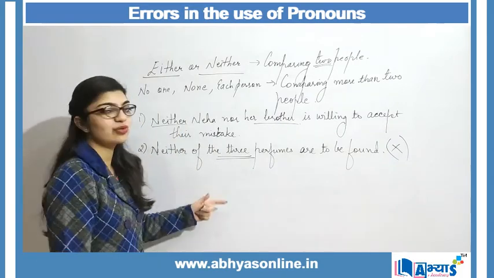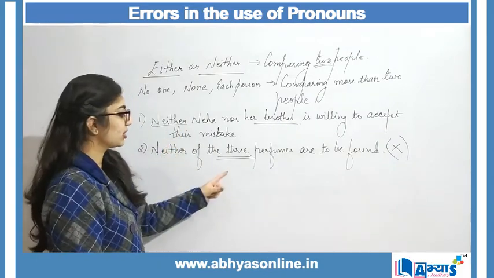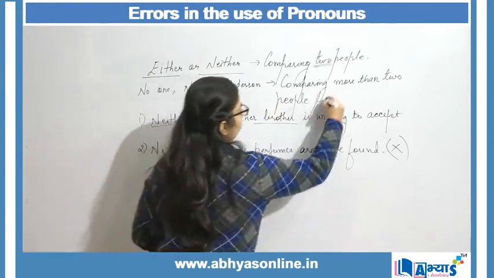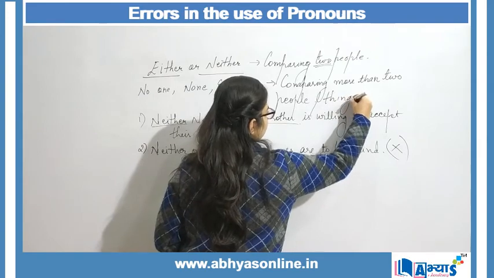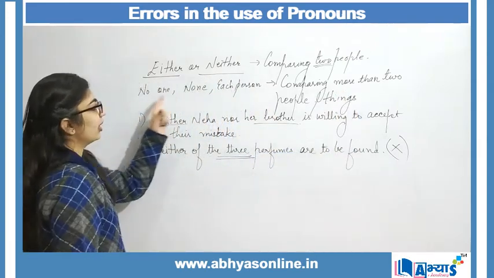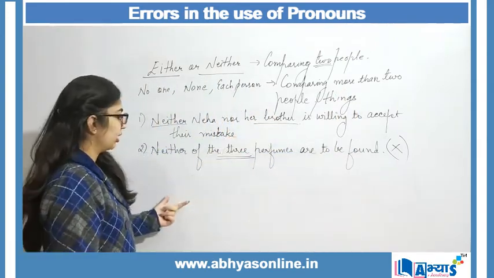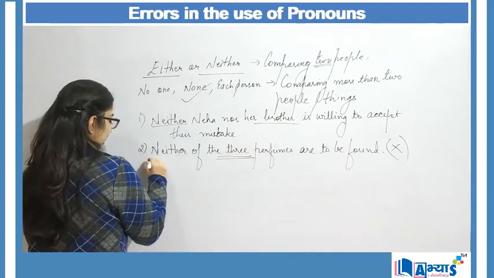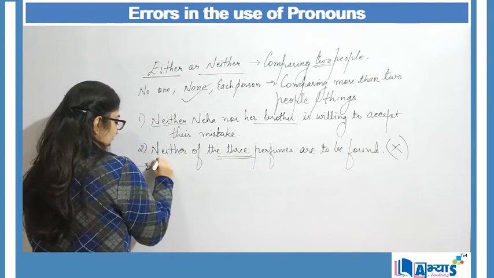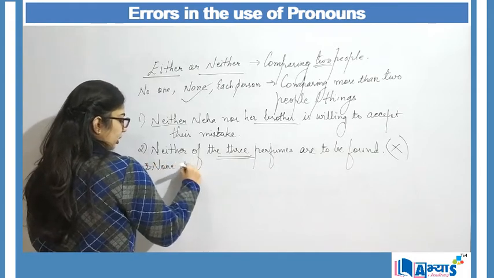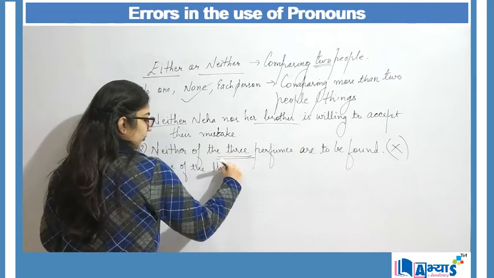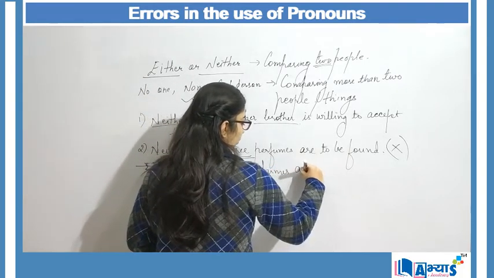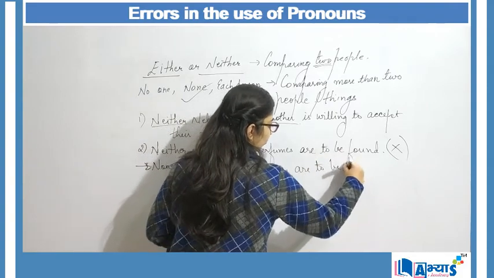And my sentence is wrong, so I have to take care that when comparing more than 2 people or more than 2 things, I will use no one, none, or each person. The best suitable word is none. I will say "none of the 3 perfumes are to be found."